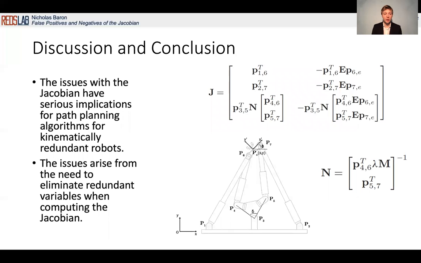So to summarize, the issues with the Jacobian have serious implications for path planning algorithms for kinematically redundant parallel robots. These issues arise from the need to eliminate redundant variables when computing the Jacobian.